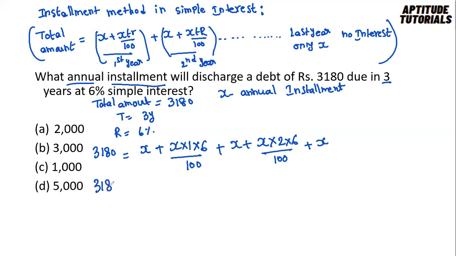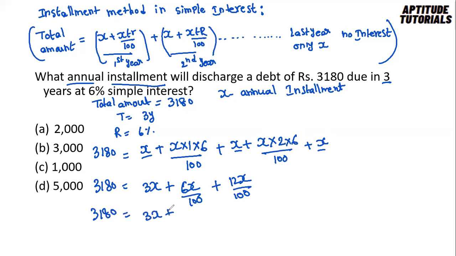Simplify this. 3180 is equal to x plus x plus x, that is 3x, plus 6x by 100, and here 12x by 100. Simplifying further, 3180 is equal to 3x plus 18x by 100.